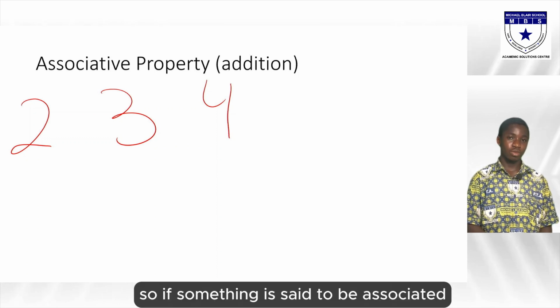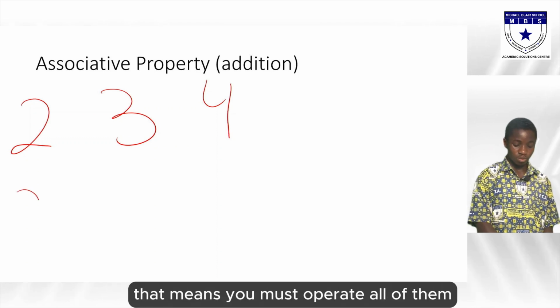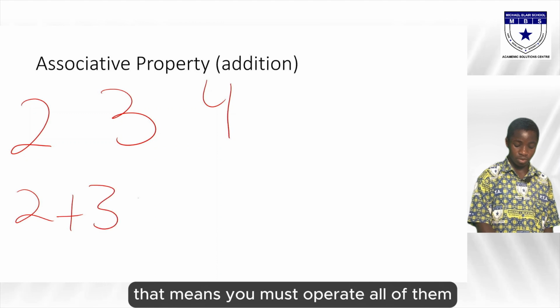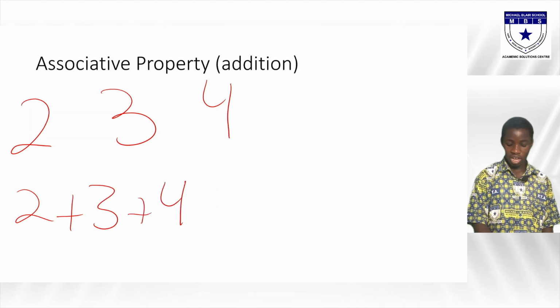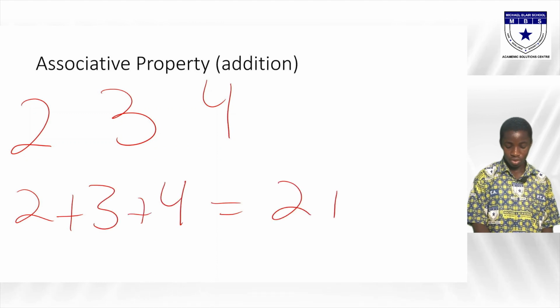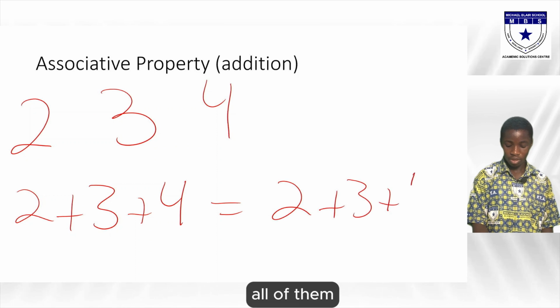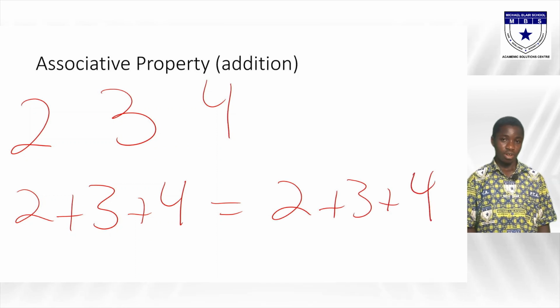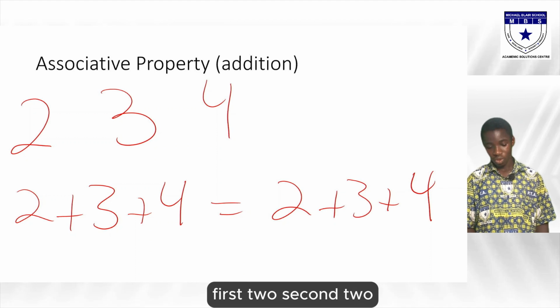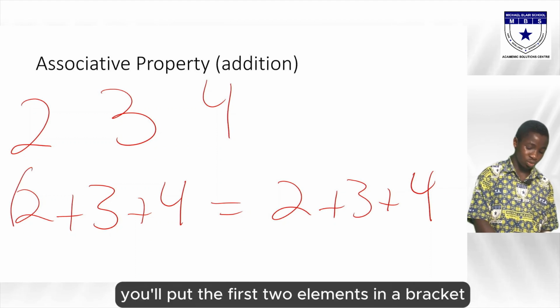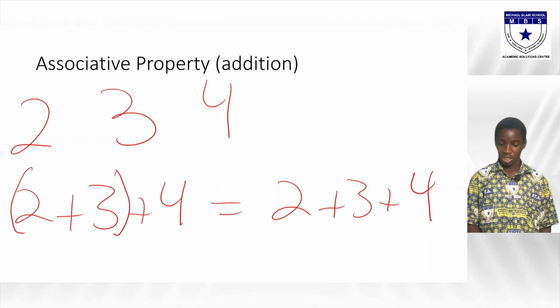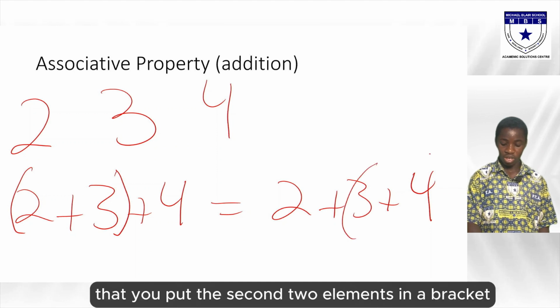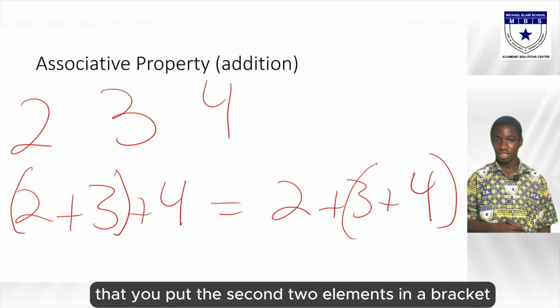If something is said to be associative, that means you must operate all of them and also equal it to all of them. After that, use this mnemonic called first two, second two. First two means you put the first two elements in a bracket. Second two means you put the second two elements in a bracket.